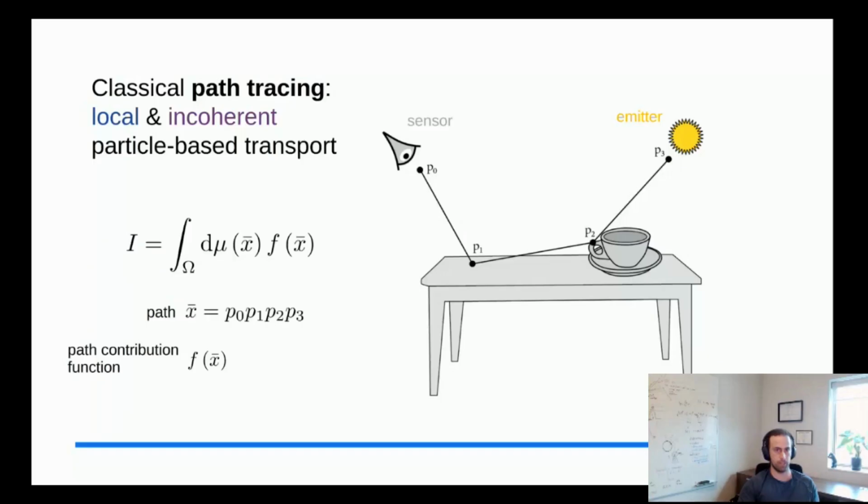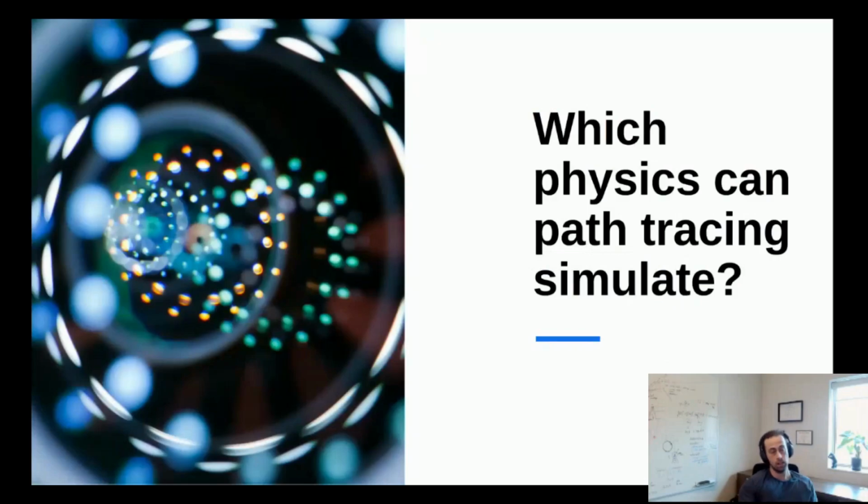If you're familiar with the path-space integral formulation of light transport, then clearly these two properties follow directly from the formalism, right? Paths are by definition a sequence of points, so they're just ray paths, and their contributions add up incoherently. All right, so this is classical path tracing. I will come back to the path-space formulation a little bit later.